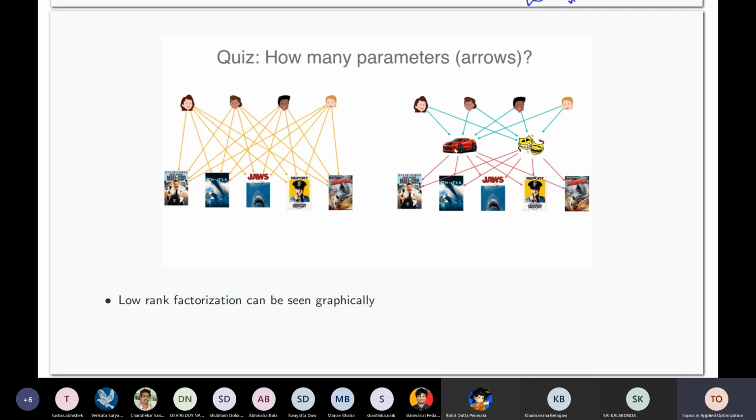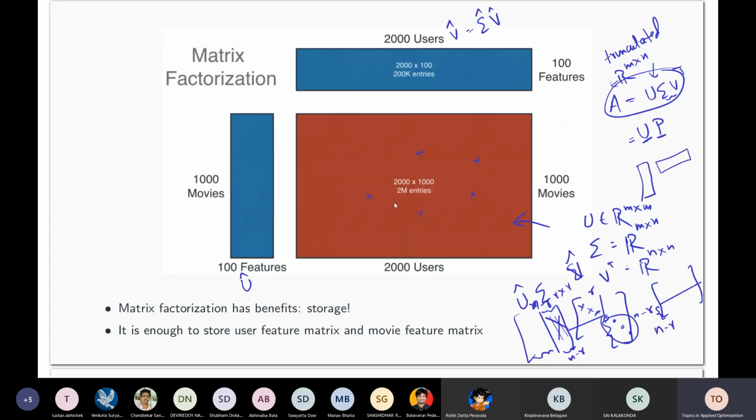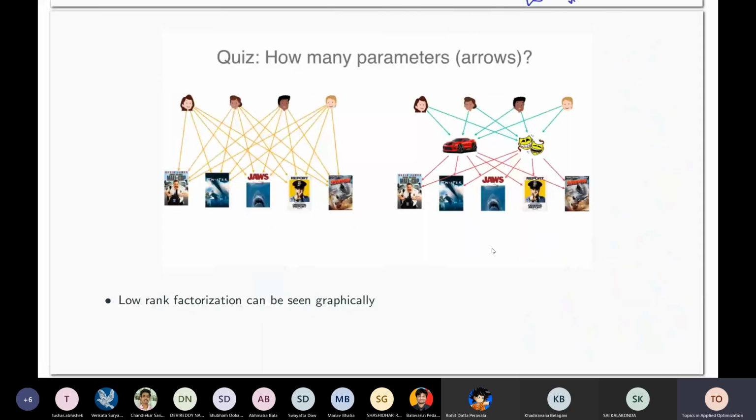First you map users to the features, and then from features to the movies. That will lead to a sparser graph and lesser memory. In terms of matrix, if the matrix is very huge, then storage of this plus storage of this is still going to be much less than storage of the whole matrix. So that's the intuition behind this, and graphically this is what it means in terms of edges.